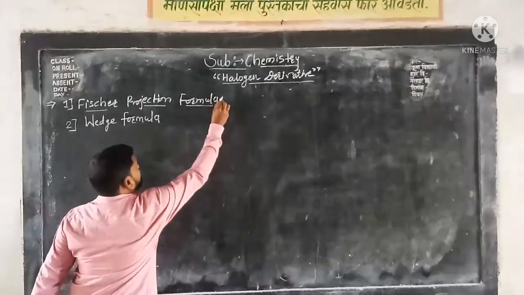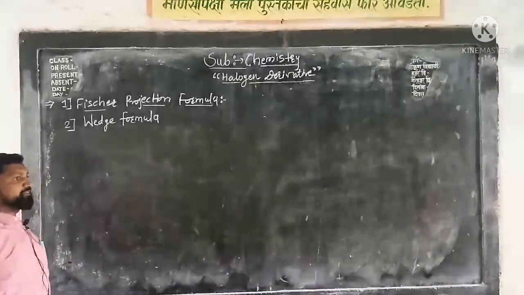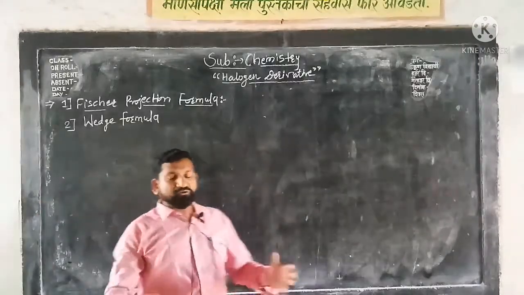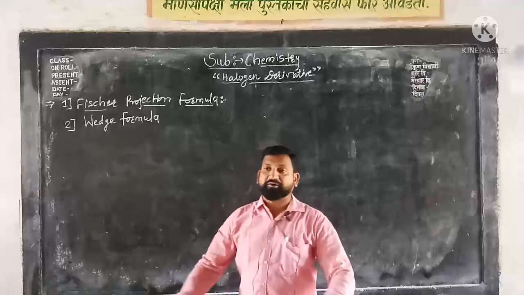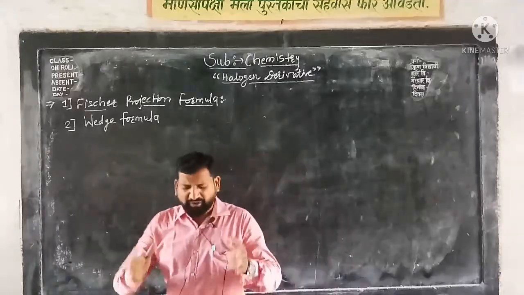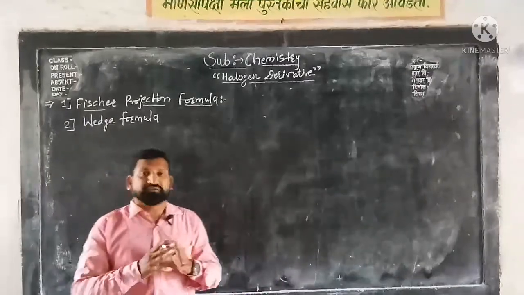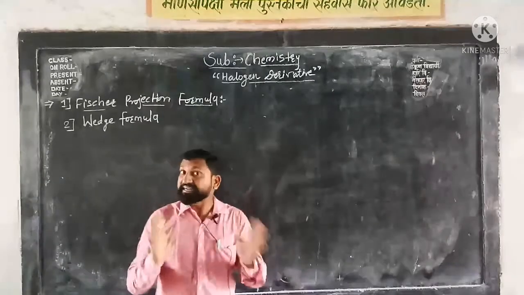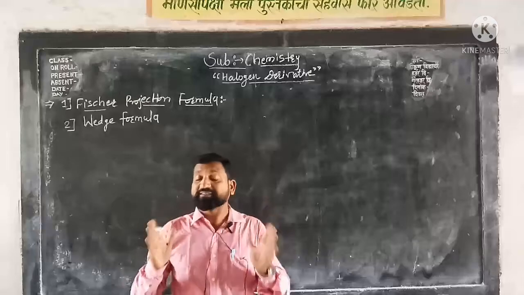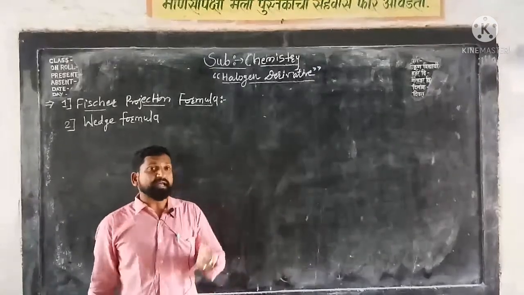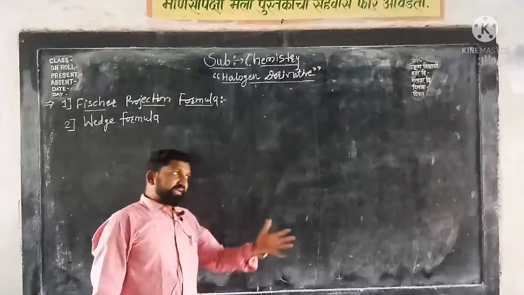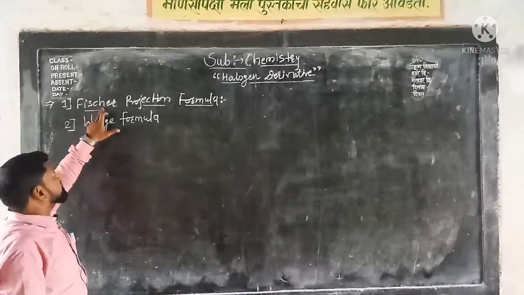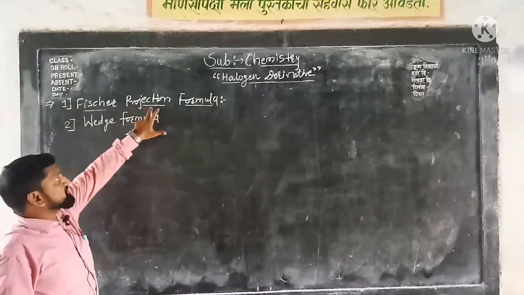Now what is meant by Fisher projection formula? There may be a question: write a short note on Fisher projection formula. Suppose we want to express any molecule on the plane of the paper in a 3-dimensional view. That is important. In the 3-dimensional view, scientists like Fisher approached with his projection formula.